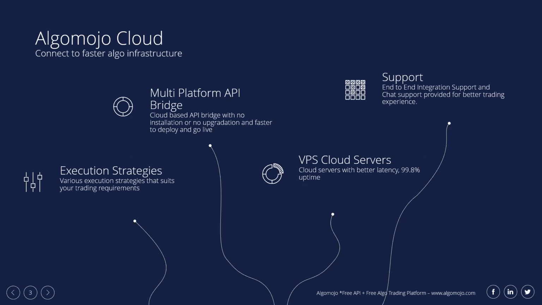Regardless of whatever trading platform you have, whichever platform supports APIs, you can connect from there and send automated orders from any kind of trading platform. Algomojo also comes with VPS cloud servers and complete end-to-end integration assistance.